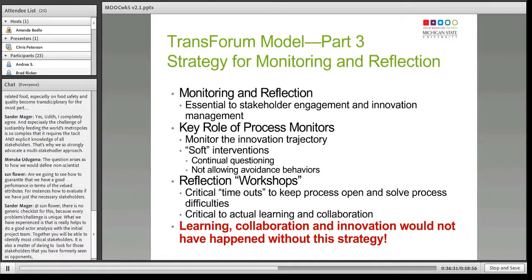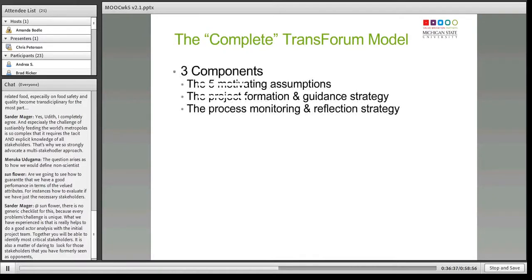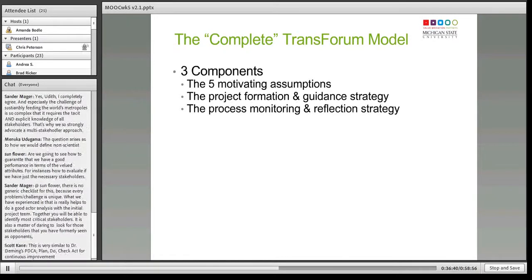So, based on the study that I did of the Transforum projects, and just had amazingly wonderful cooperation from the Transforum staff and people engaged in these projects, we really come to the end of the study and we say the Transforum model really had three components. It had these 5 motivating assumptions that drove the projects.